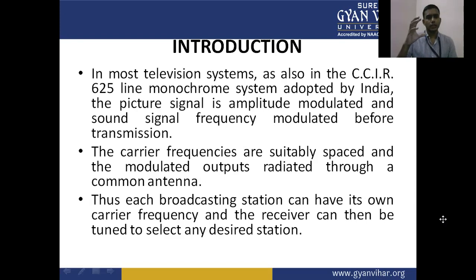In most television systems, as also in the CCIR 625 lines monochrome system adopted by India, means in India we have the PAL system, which has the 625 line monochrome system.